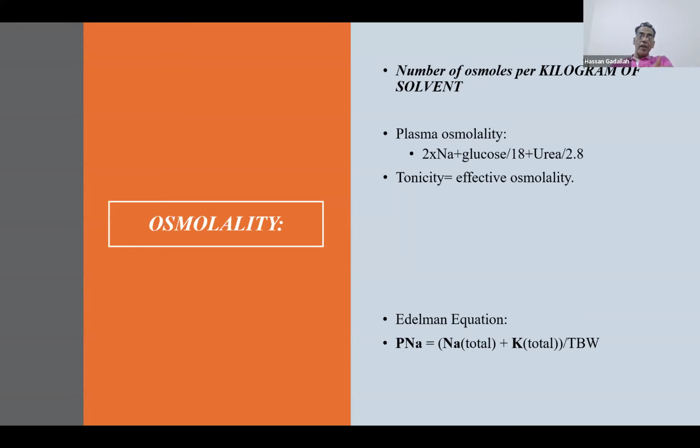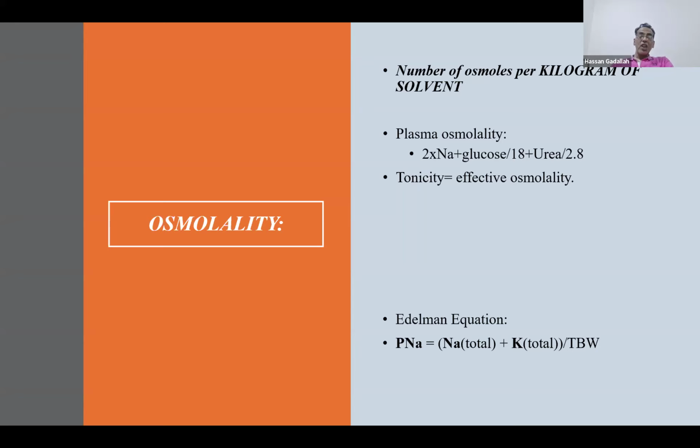And I think, as mentioned, in hyponatremia and hypernatremia as well, we are going to state that most of the sodium disorders are a water balance disorder rather than total body sodium disorders.